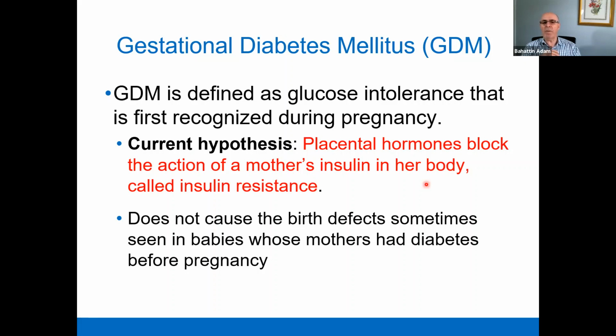This is a kind of dysfunction of glucose metabolism. A current hypothesis is that placental hormones block the action of the mother's insulin in her body, called insulin resistance, which results in gestational diabetes mellitus.